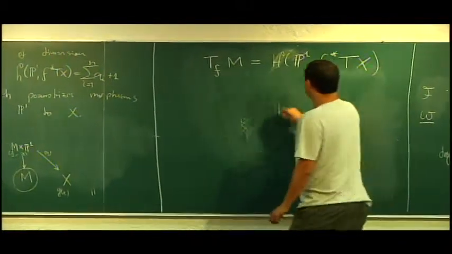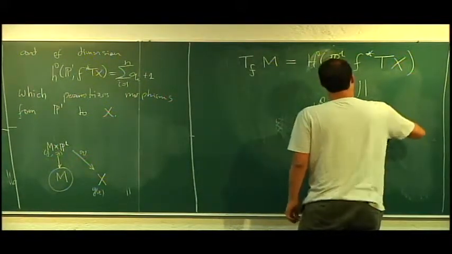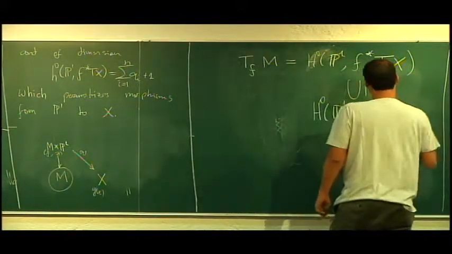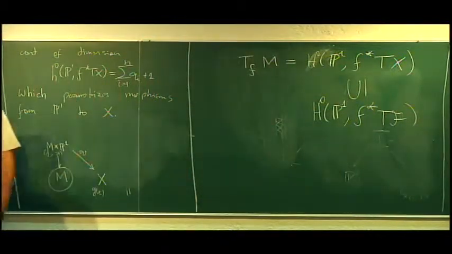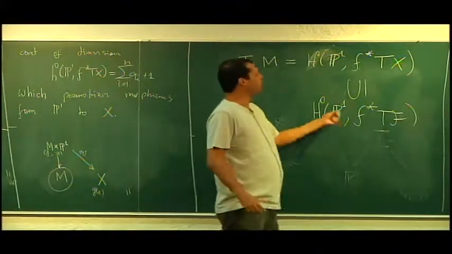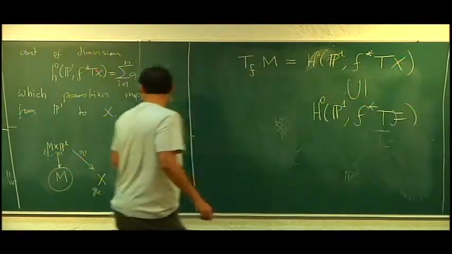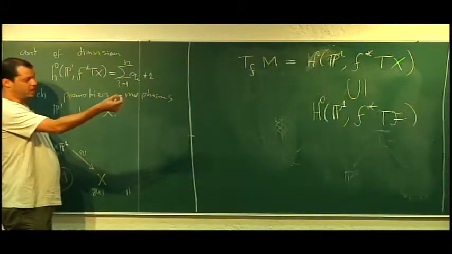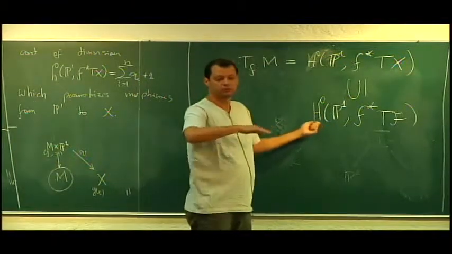And now the nice thing is that, since I have a foliation on X, this comes with a natural sub-vector space. So without doing much, we have just defined a distribution on M. To each tangent space, I just defined a sub-vector space.